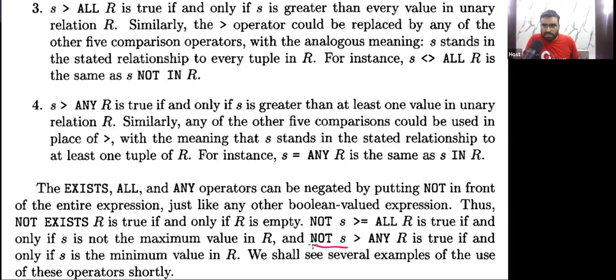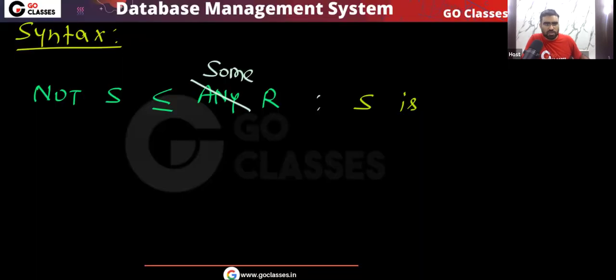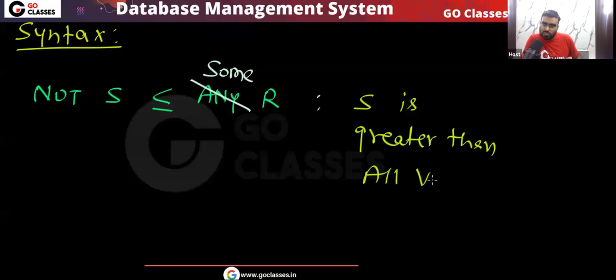Not s greater than some r, so here s will be minimum. Yes, that is correct. So here, not s less than or equal to some r, s is basically maximum. I can say s is greater than all values of r. Is this clear? Yes or no?